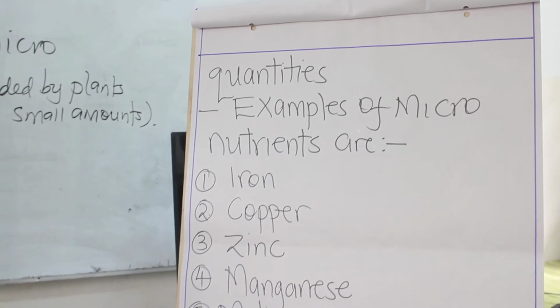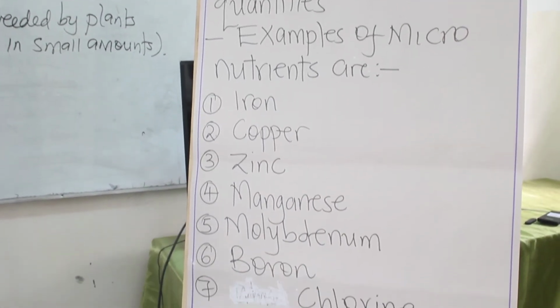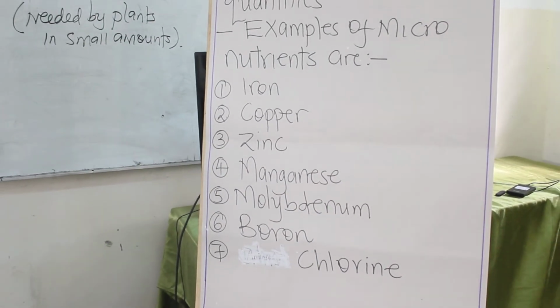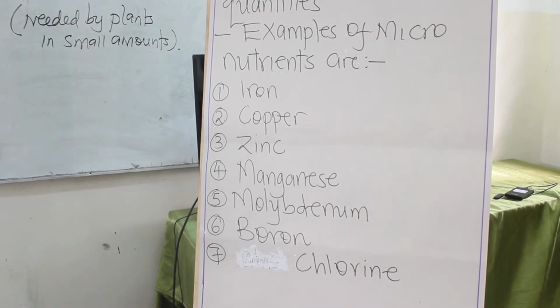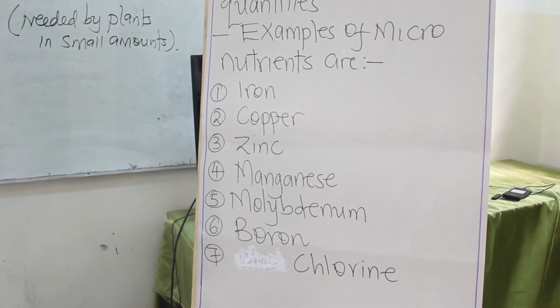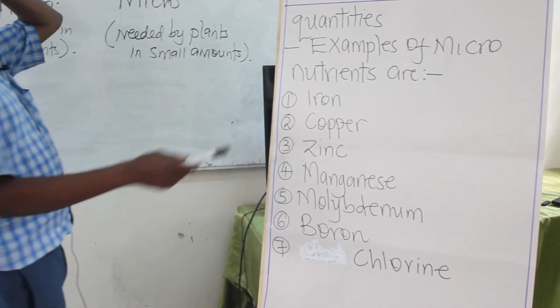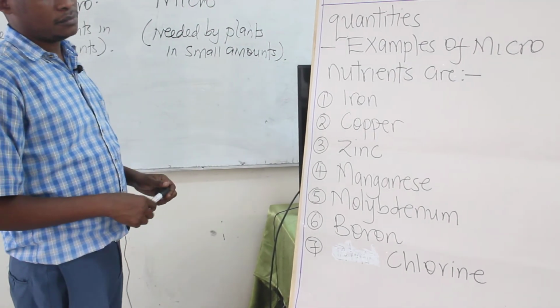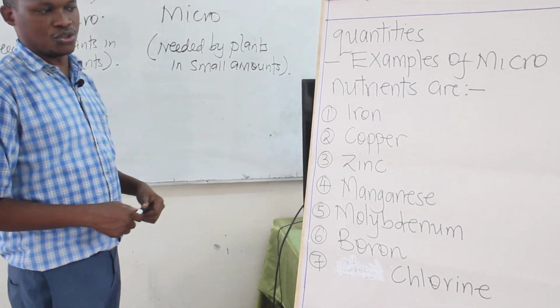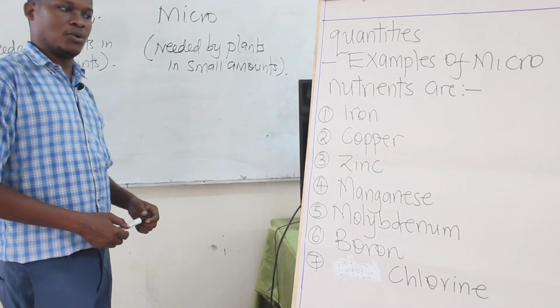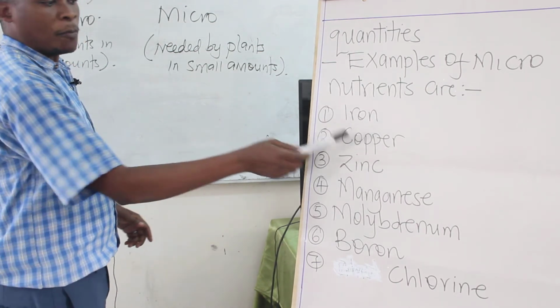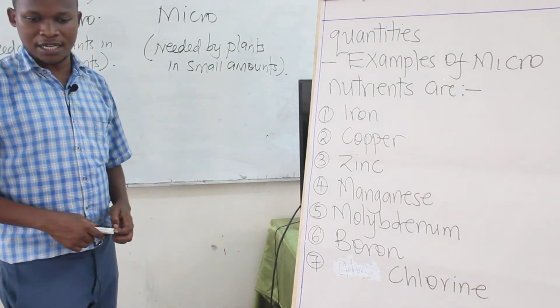As we finalize, we have examples of micronutrients. One, we have iron. Iron is one of the micronutrients, needed by plants in small amounts. Copper, a plant nutrient.